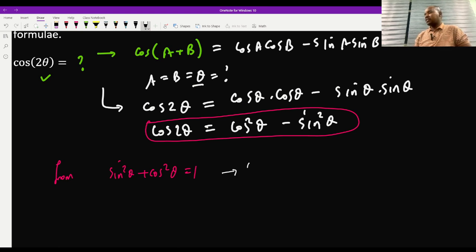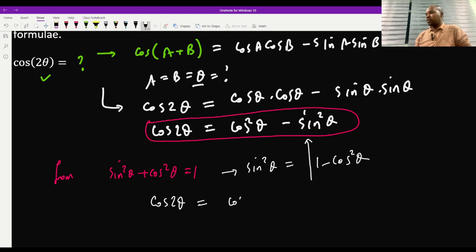If I do that, sine squared theta will be 1 minus cos squared theta, and so I can substitute back, so that cosine 2 theta will be cos squared theta minus, in the bracket, 1 minus cos squared theta.